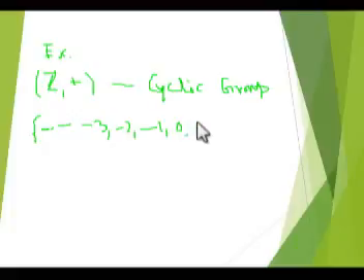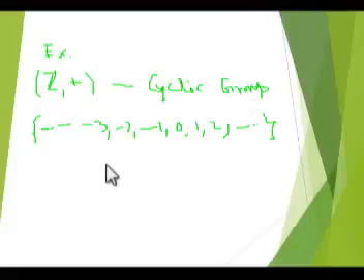How can we prove this? For any element, it can be expressed by a generator. Z is actually minus 3, minus 2, minus 1, 0, 1, 2, and so on. This is the set of integers.